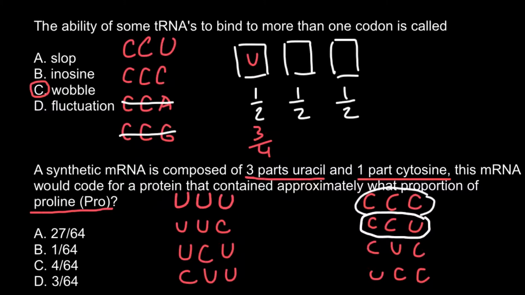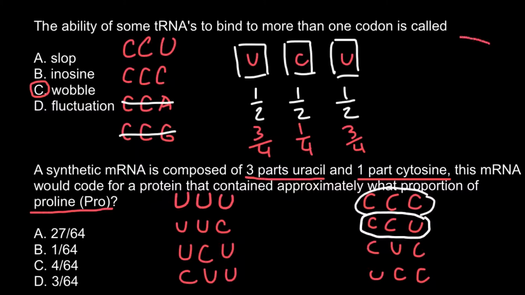And if I would ask you what is the probability in the second position to be cytosine, you would say this is going to be 1/4 for the cytosine. And if I would ask you what is the probability for the third position to be uracil, once again, you would say that probability would be 3 out of 4.